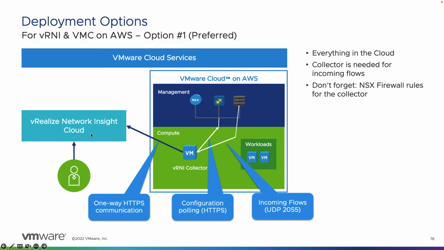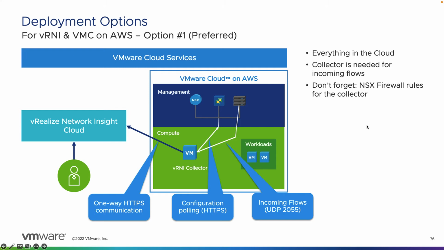We can keep everything within the cloud and automatically connect the collector to the VMC on AWS environment. So it's one-way communication utilizing HTTPS. We can also configure the HTTPS polling, and then we can also get the flows using UDP 2055 coming from our environment. And you can see we've got our management and our compute infrastructure. So this is our preferred environment.